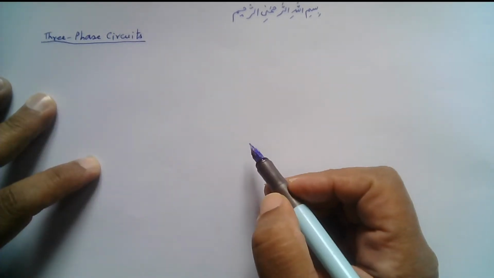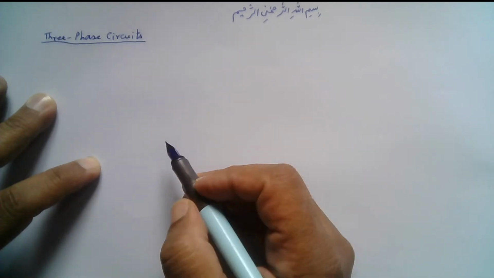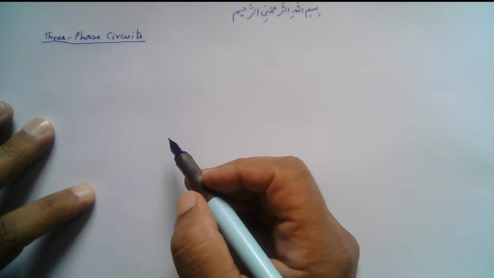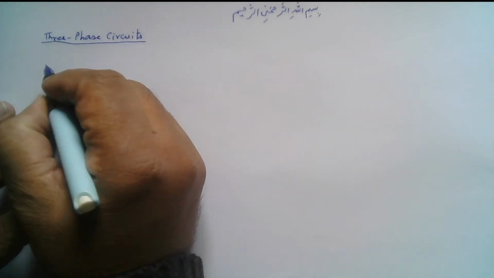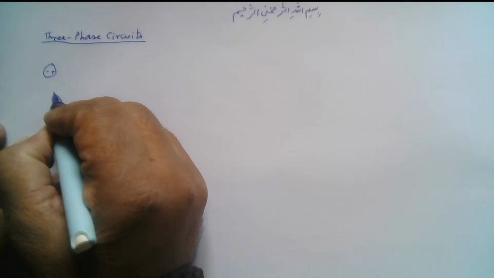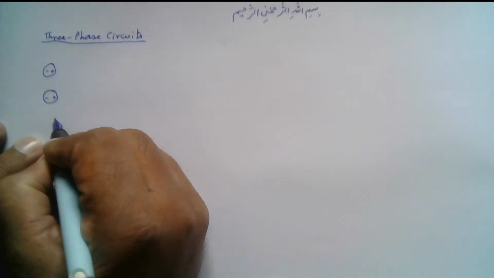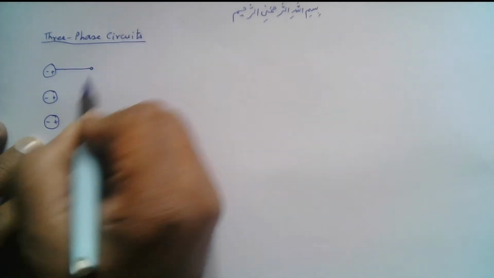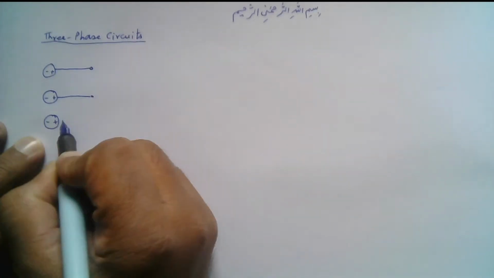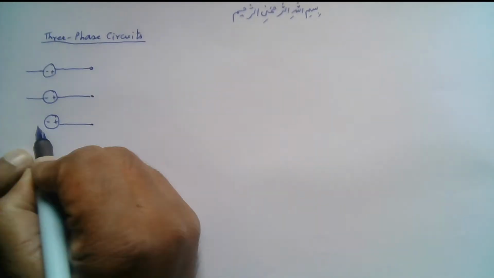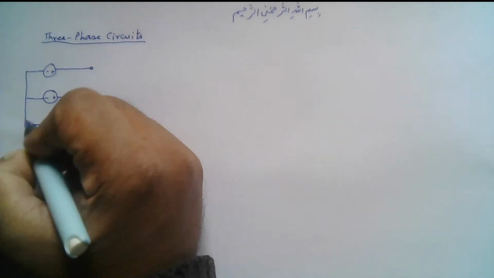So, let me draw a typical three-phase circuit involving a three-phase voltage source and a three-phase load. So, for example, we have this source here, we have another source here, we have this source here, and these are all connected together like this from their negative terminals, right?